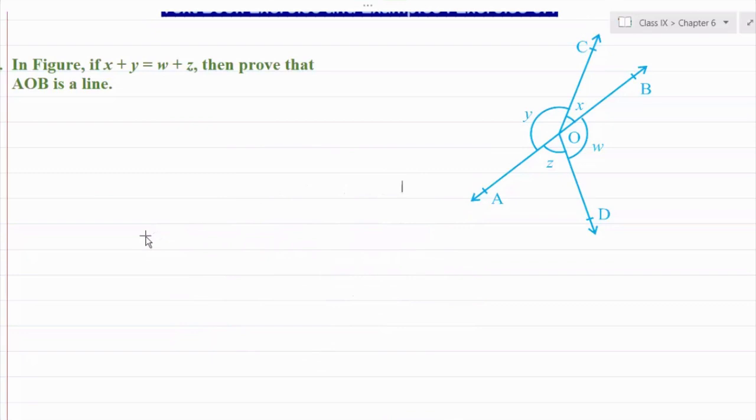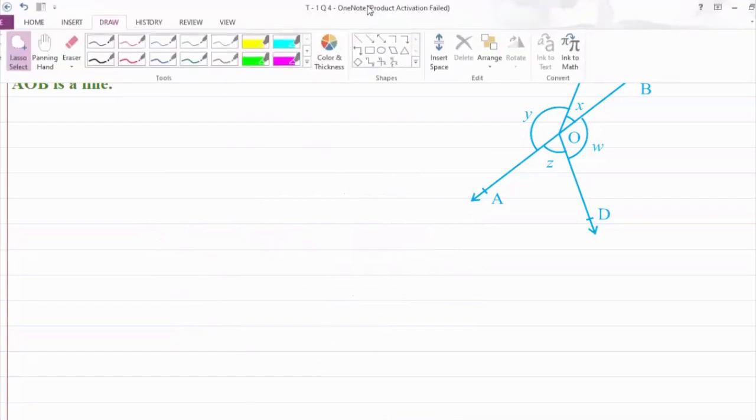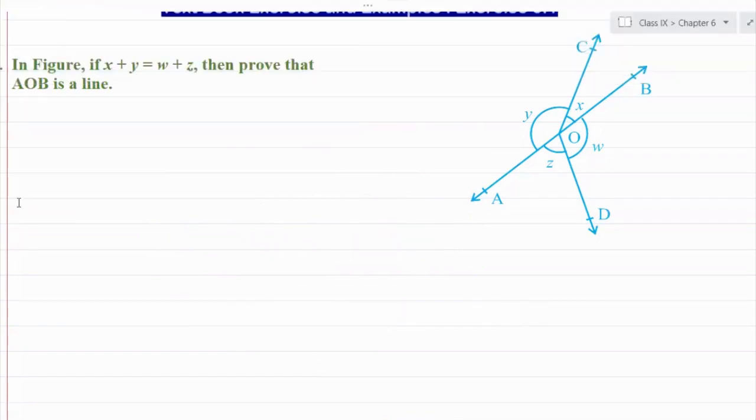Yes, let us now start question number 4. In this question, see what is given. First, we shall write down the given things over here. So in the solution, in the proof, I am writing first, Given.